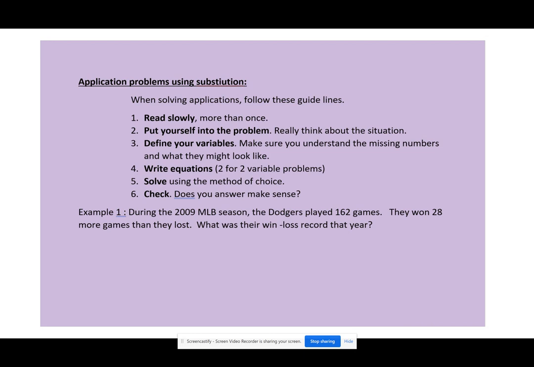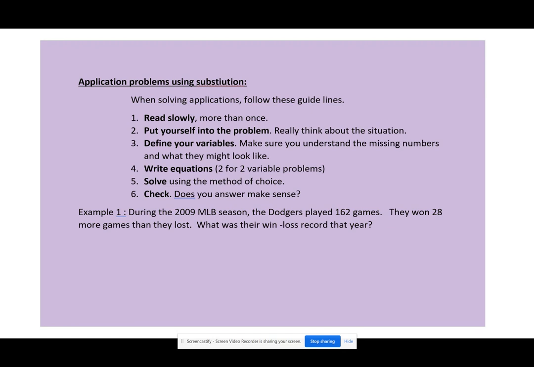So now we're going to do an application using substitution. Remember, when we're solving applications, we have some guidelines we're going to follow. First of all, we're going to read our problem very slowly, more than once.